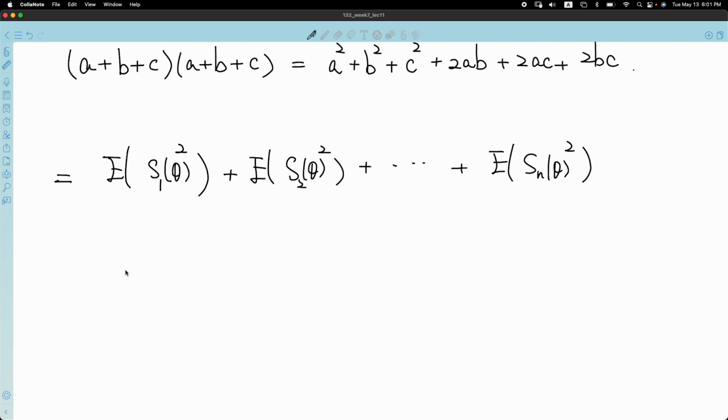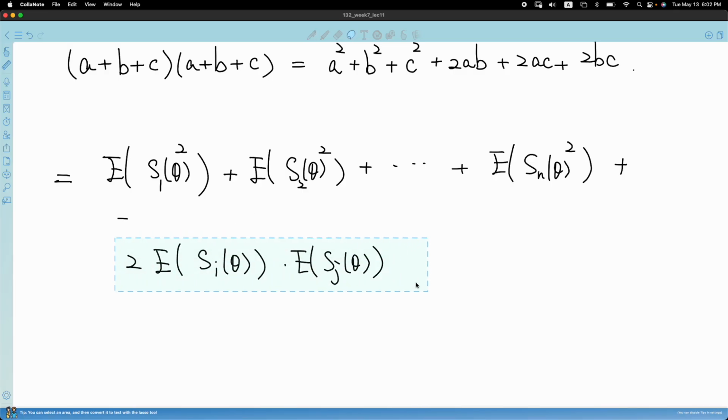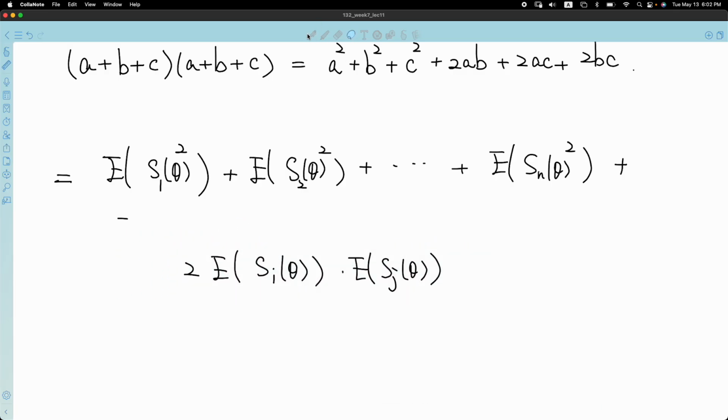And then here, for any of the 2 combinations, the expected value of the score function for i multiplied by the score function for j, for all i not equal to j. This is just a cross term.